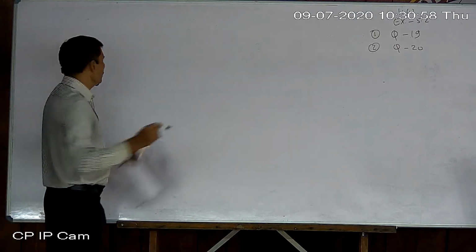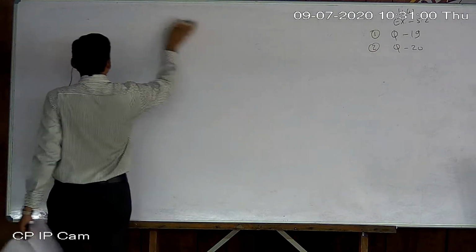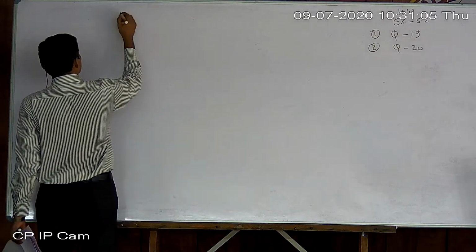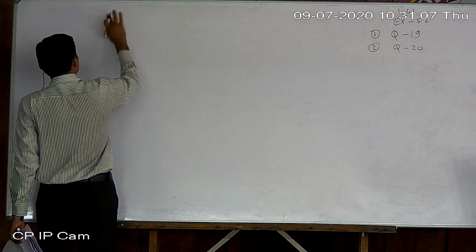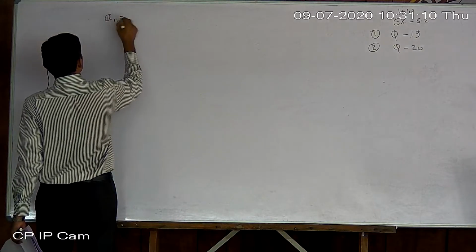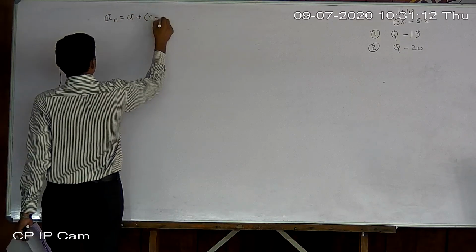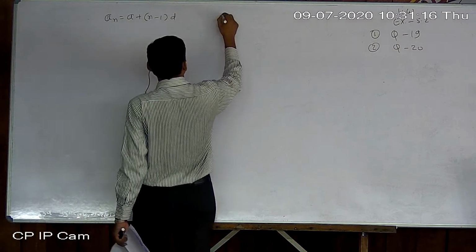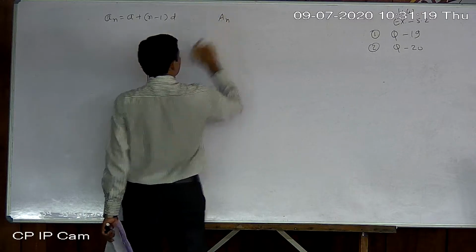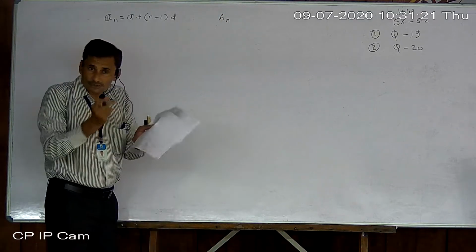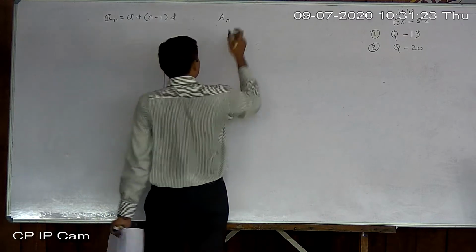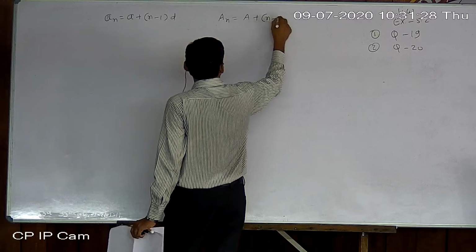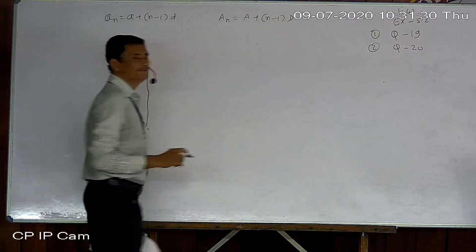Okay, so first of all we write two APs. In the first AP, suppose Tn equals a plus n minus 1 d. In the second AP we write capital An. The n remains n only because the term numbers are equal, so the nth term equals A plus n minus 1 d.